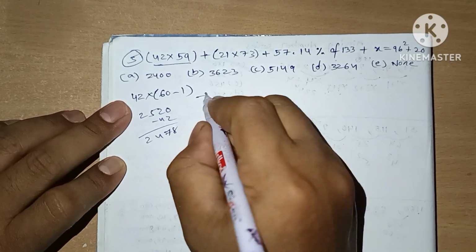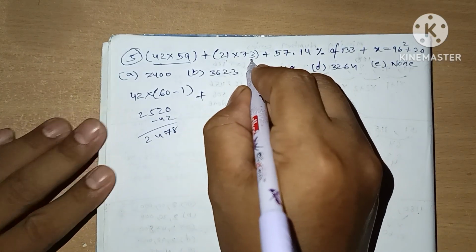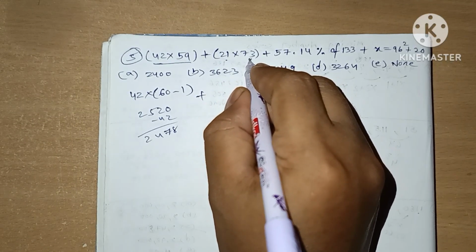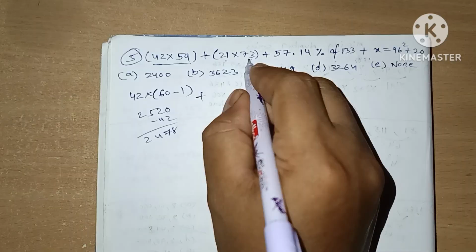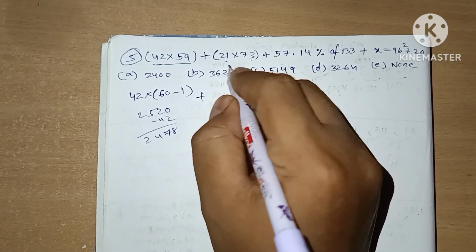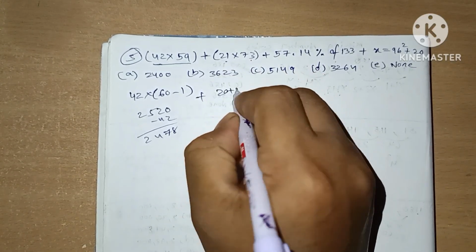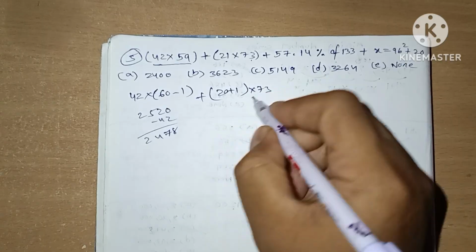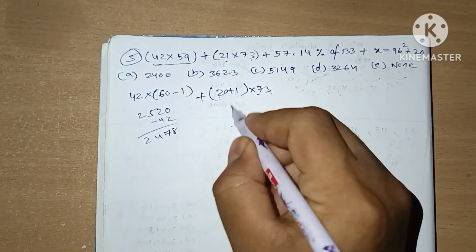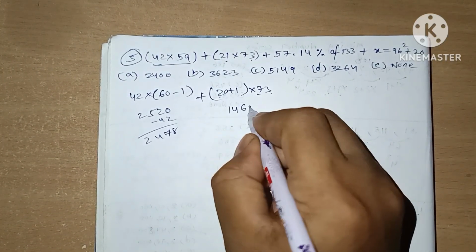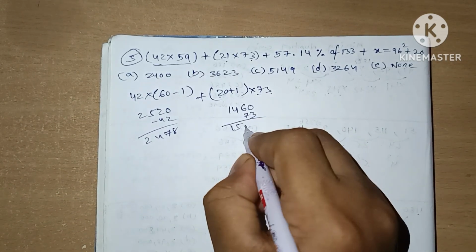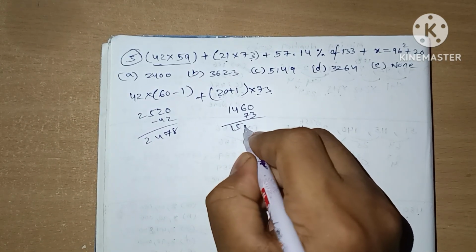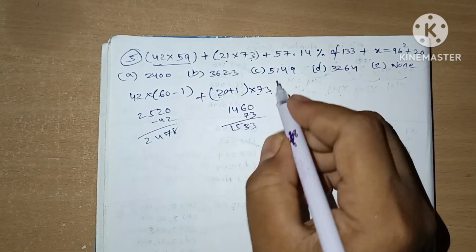Plus here, the difference between these two is an even number, but we'll check this as 20 plus 1 into 73. 73 two times will be 146 and 0 plus 73, we get 1533.